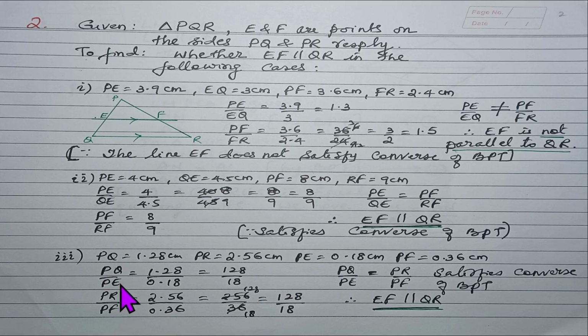So both the ratios are equal, which satisfies the converse of BPT, and therefore EF is parallel to QR. So this is again based on the converse of BPT. So applying converse of BPT, we have shown which are satisfying and which are not satisfying, and whereby we have shown that EF is parallel or not parallel to the given line.